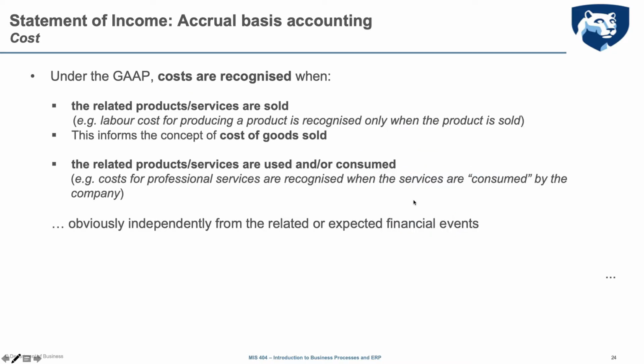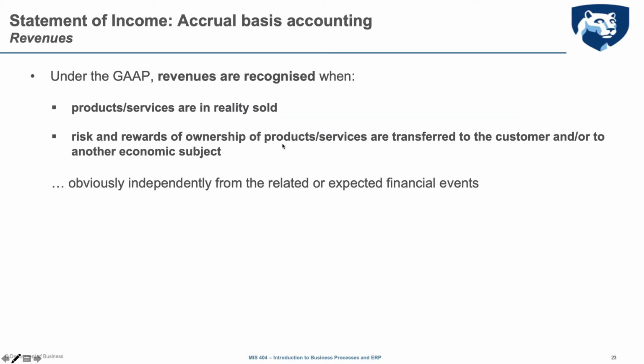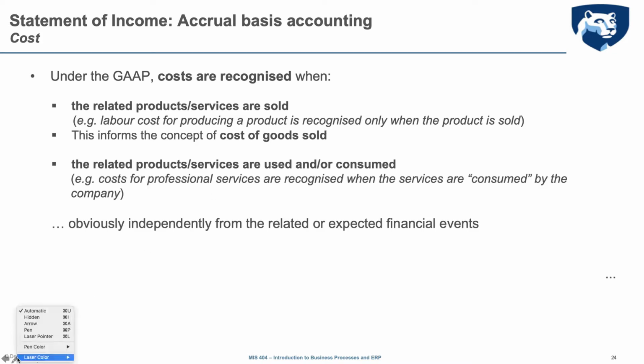Same for costs. Costs are recognized when the related products and services that have generated the cost have been sold, and this forms the concept of cost of goods sold. So as long as you don't sell any product, the costs associated with producing that product, the cost of goods sold, are not recorded in the income statement.